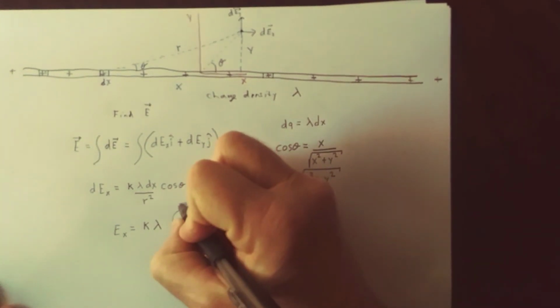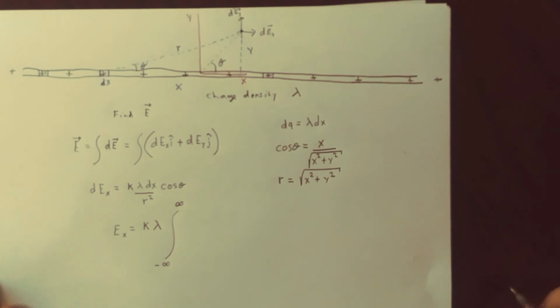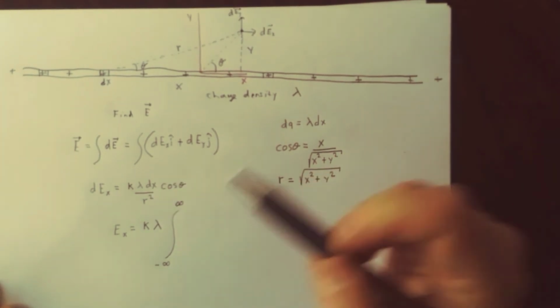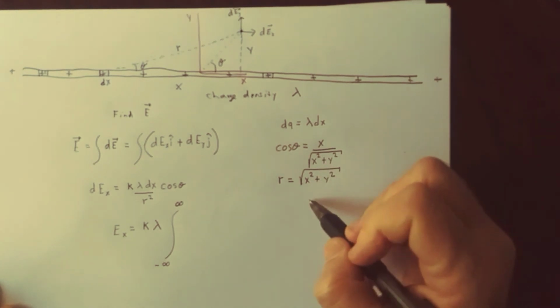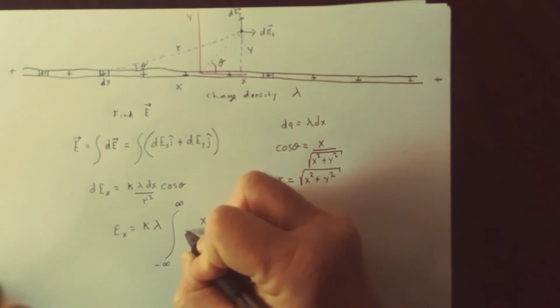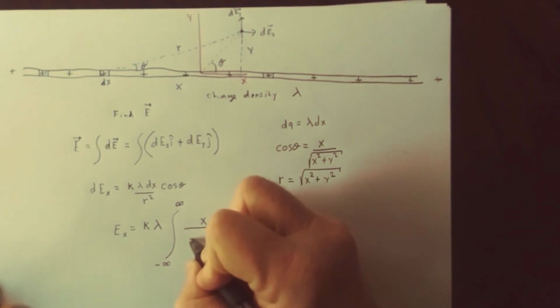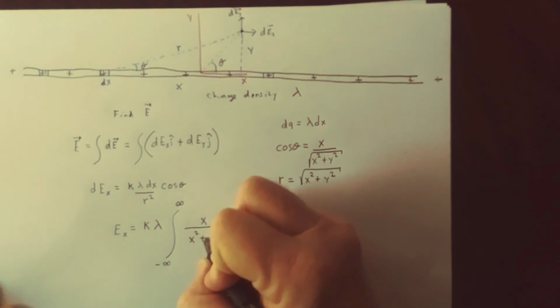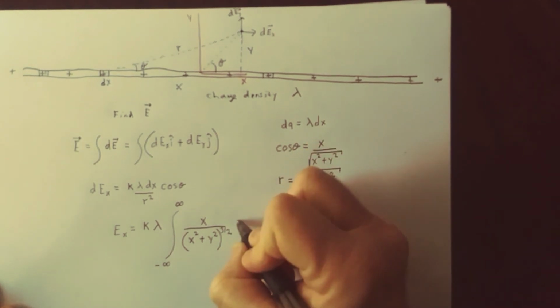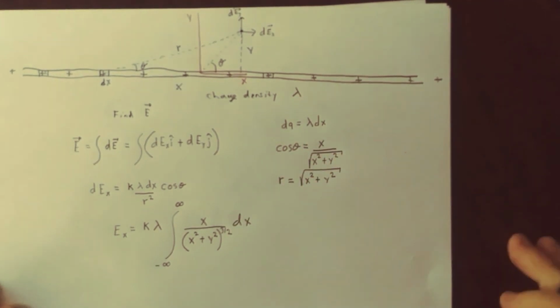So we go to infinity on the right, and let's replace the r squared with this quantity squared and the cosine of theta with this. And so we have a full expression in terms of x. In fact, it's in terms of x and y. And unsurprisingly, we get the 3/2 power in the denominator. So that's the x component of this.